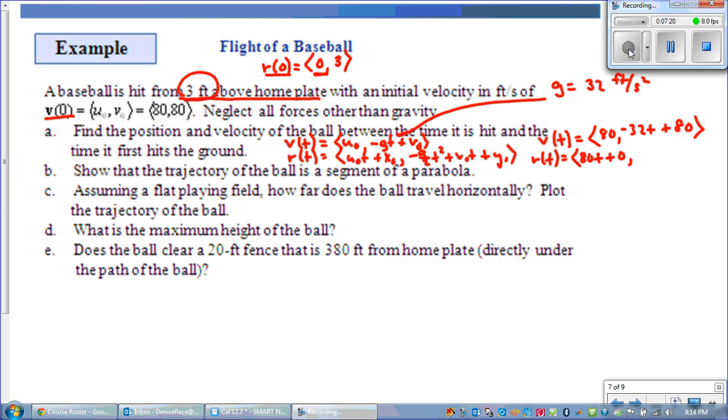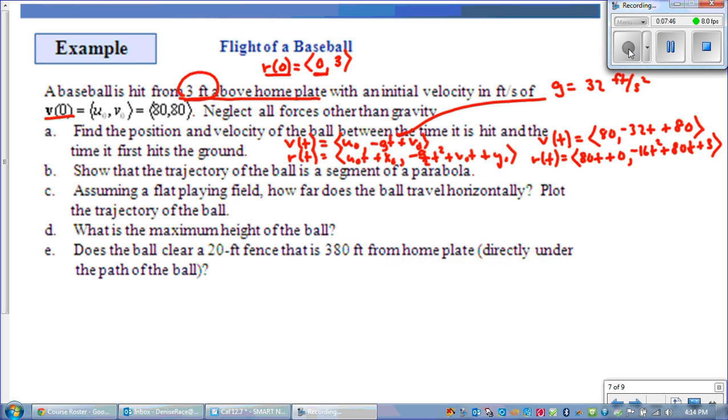And then minus 32 over 2, so minus 16t squared plus 80t plus 3. And that's our position function. So that gives us the position and the velocity for any time between when it was hit and when it hits the ground.